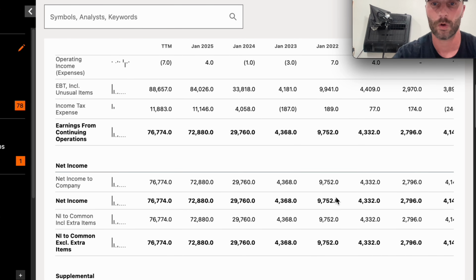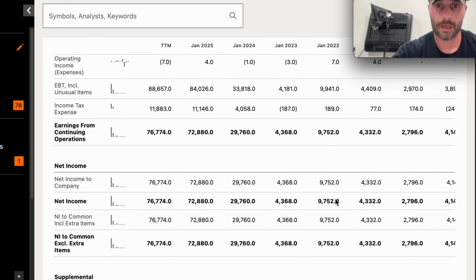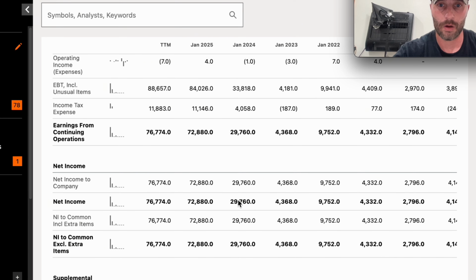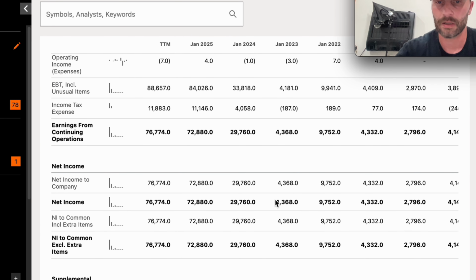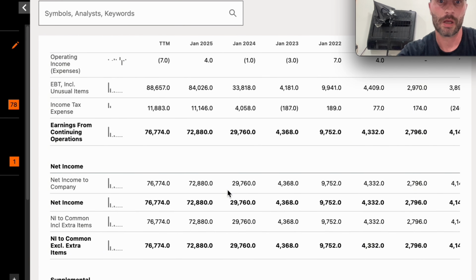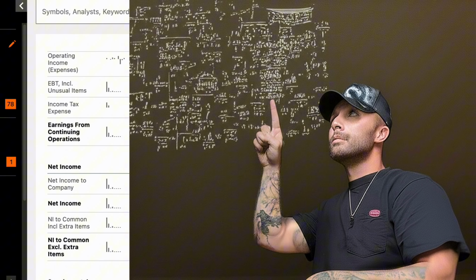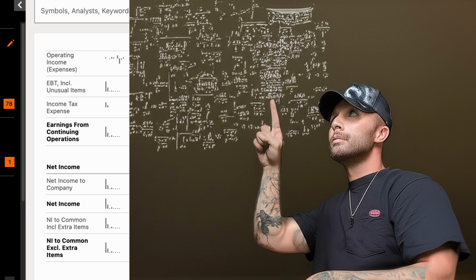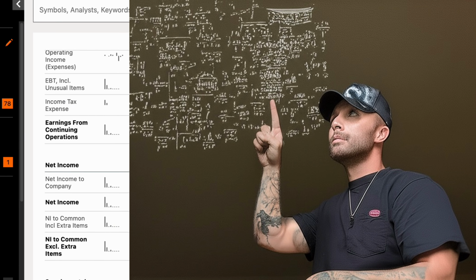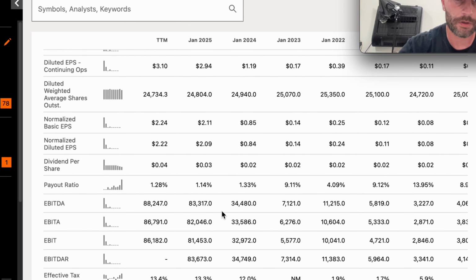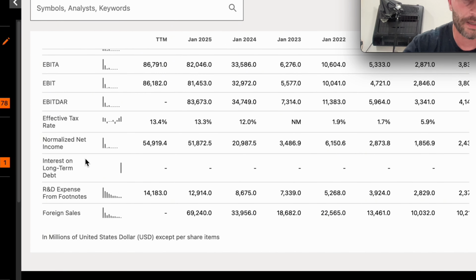So you can see it grew almost 150%. Okay, guys. I hope I'm doing my math in my head right on this, but I'm pretty close.